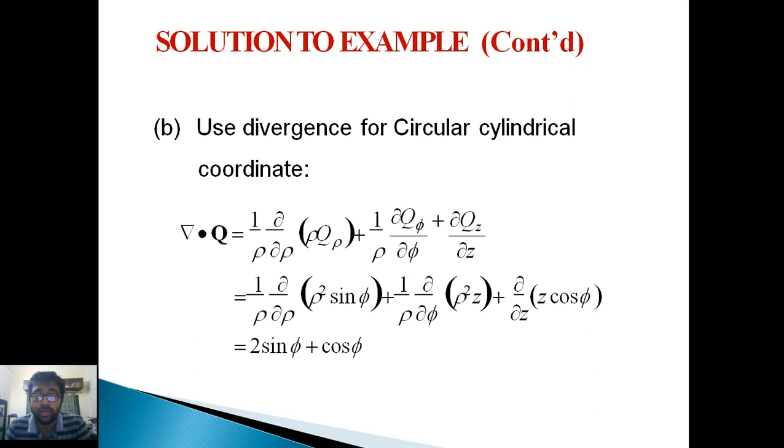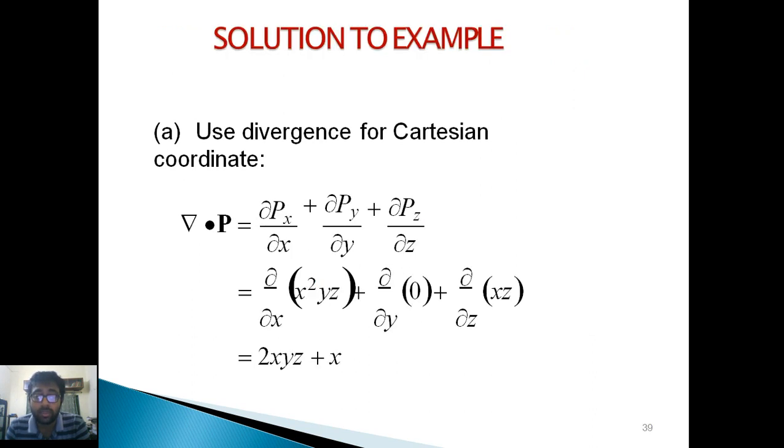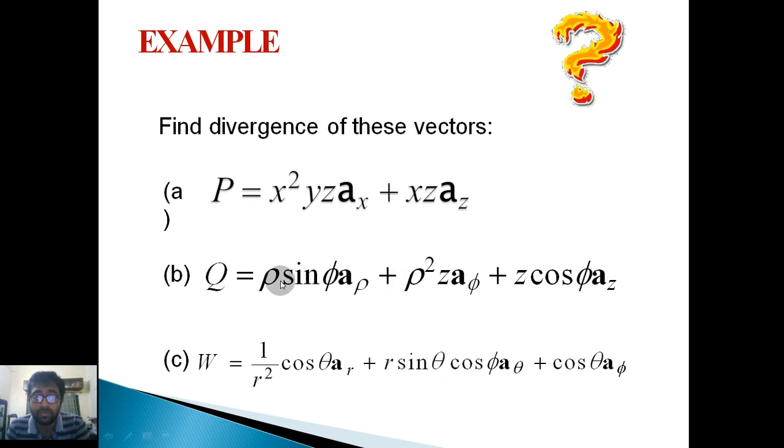This is the first one. Now we will find the divergence for the circular cylindrical coordinate, the same thing, with rho, phi and z. Now we have to find the divergence of this vector.